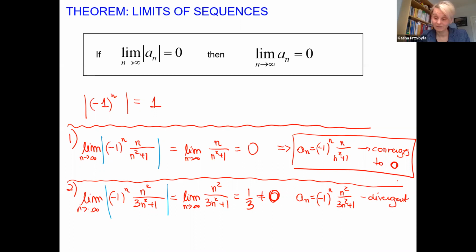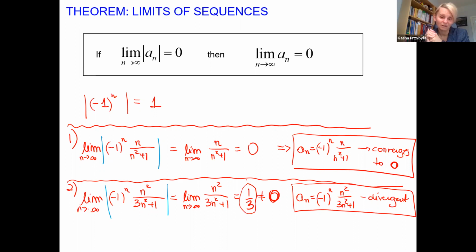Really good comment. Because of the 1/3, I removed the -1 to the n, which means I removed the positive and negative. The 1/3 tells me that all of the terms tend to be 1/3 in absolute value. But with the alternating part, I will have positive 1/3, negative 1/3, positive 1/3, negative. That means not one finite number.